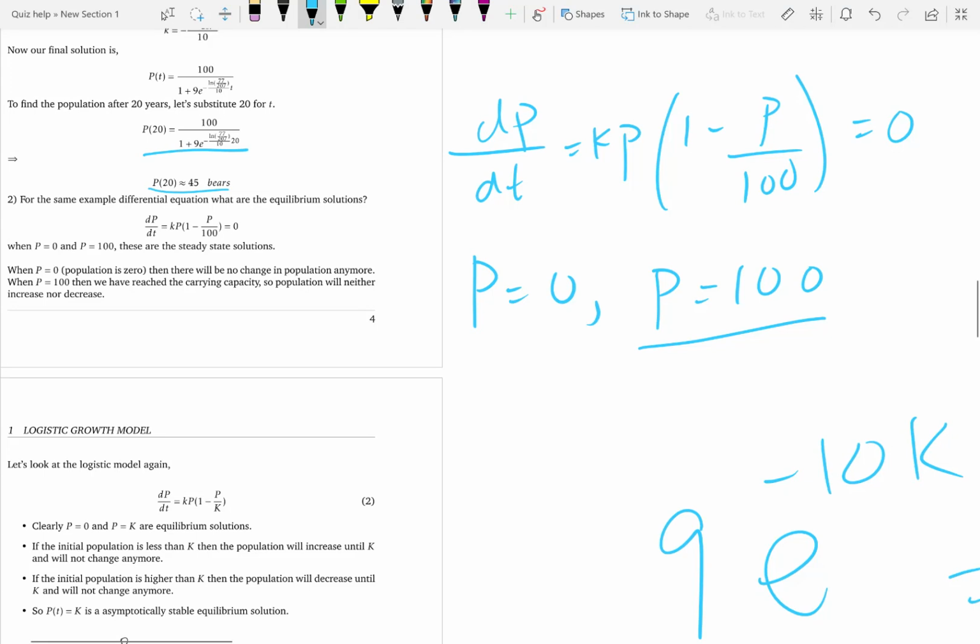And it makes sense. In this environment, you can have a maximum of 100 bears. If you have more than 100 bears, those bears will die, and it will stabilize at 100 and nothing will change after that. If you have less than 100 bears, the number of bears will increase up to 100, but then that's all. Nothing will change after that.